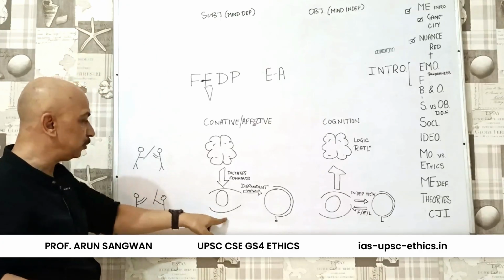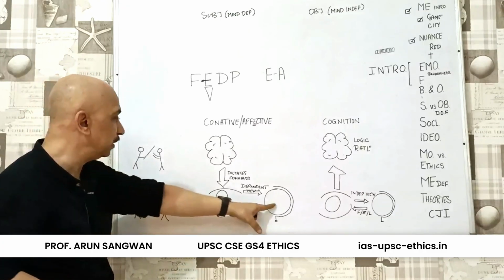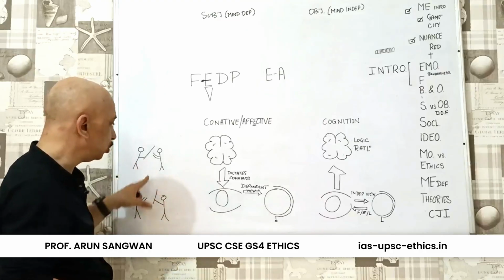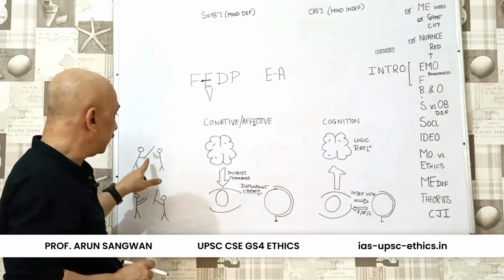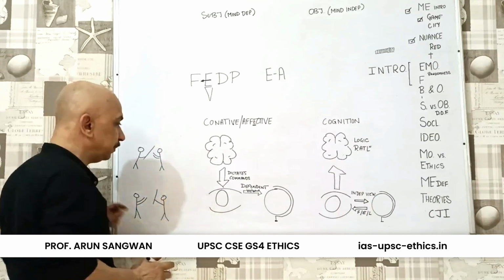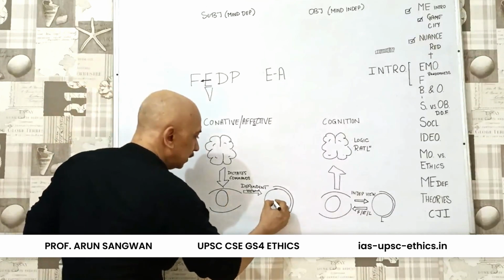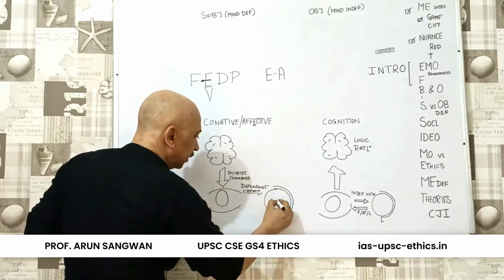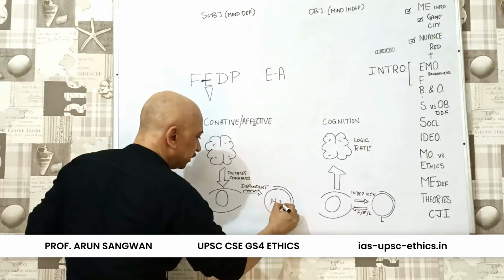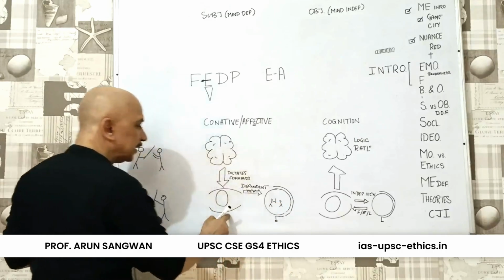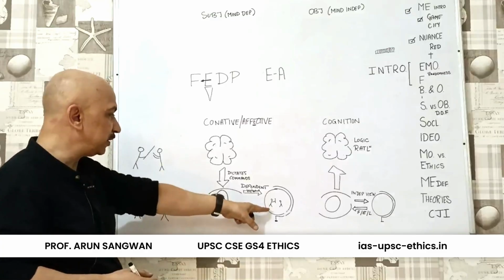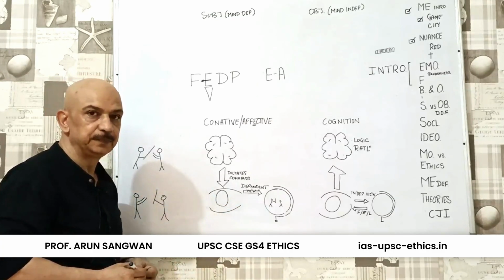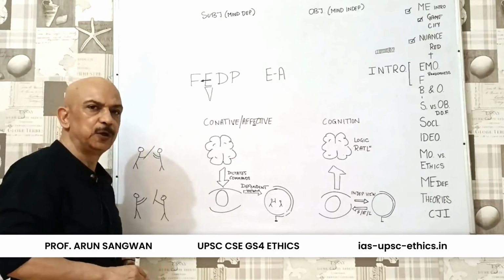Now let's look at this. If I was to ask this person who's perceiving the world, and this is a different kind of scenario, if this person was to perceive this person beating the other person, and I asked him, as Professor Sangwan, do you think this is right? How will he respond?